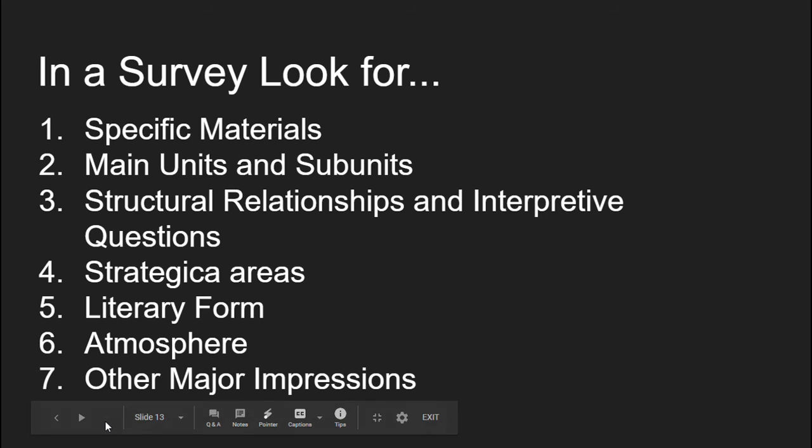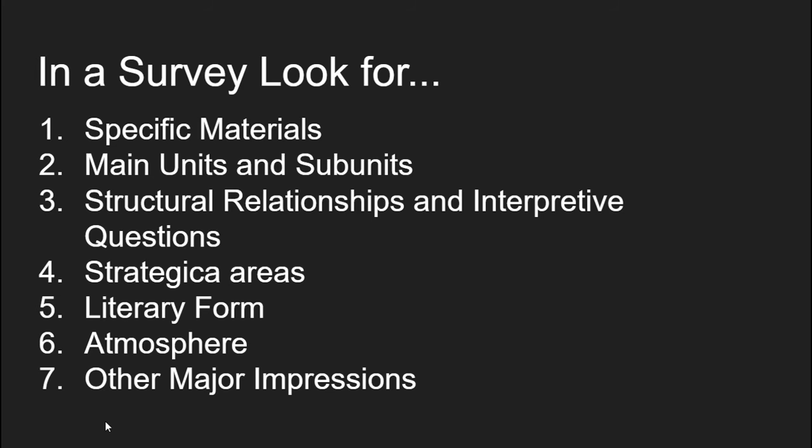Well, in a survey, we want to look at some specific materials. We're going to go over the people, the places, the time periods, the geography, the main units and subunits. This is a great study, and they've already broken that down for us. We're not going to really go into structural relationships and interpretive questions because, again, we're not digging in too deep.